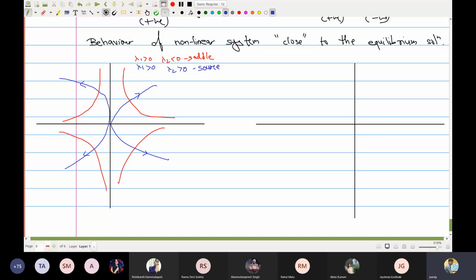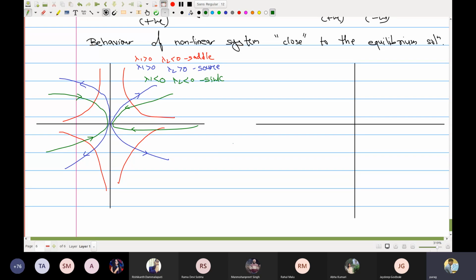Source, and the third one, the sink behavior, lambda 1 less than 0, lambda 2 less than 0. This is the sink behavior, right? I hope you remember all of these phase diagrams.